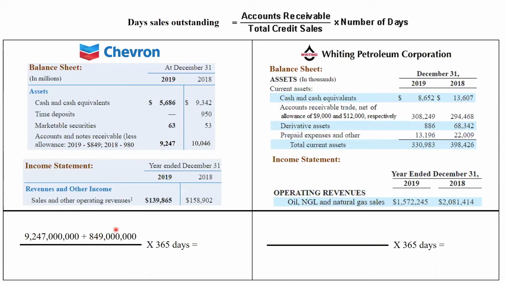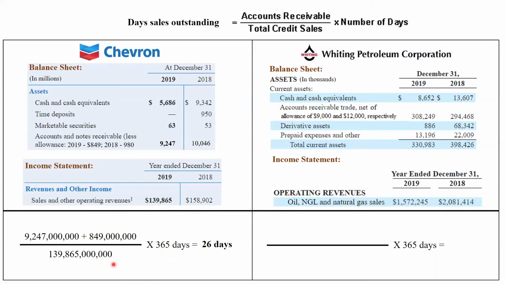And you divide that by total credit sales, which I'm just going to use total sales down here of $139.8 billion. So that's the denominator. And when you multiply that fraction by 365, you get 26 days. So the interpretation is on average, it takes Chevron 26 days to collect cash from customers.